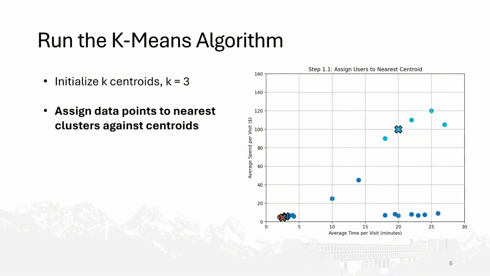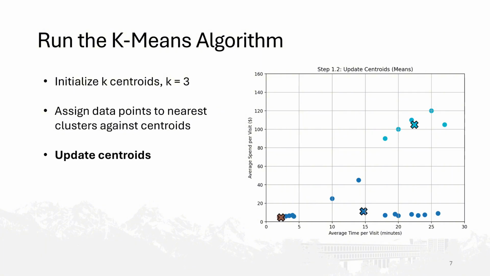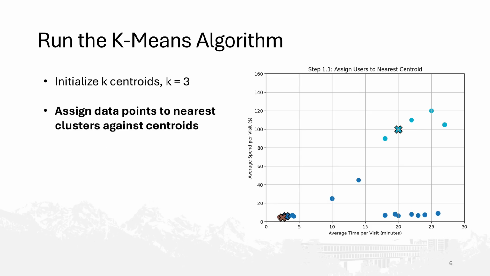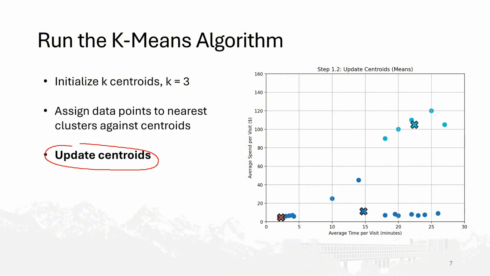Then after we assign the points to a cluster, now we want to update our centroid, because now we have a new cluster, right? We have a newly updated cluster. So the centroid, the center point of the cluster, will change. As you can see now, for example, this centroid moved to here.